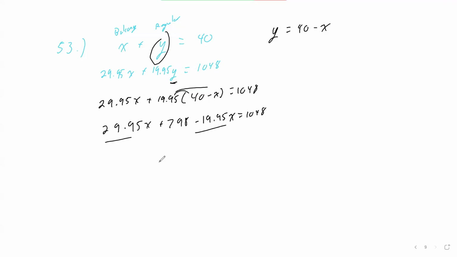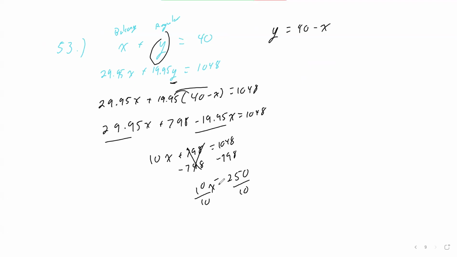Combine like terms, that would give me $10 even. So 10x plus 798 equals 1048. Subtract 798 from that. That gives me 250. Divide that by 10.